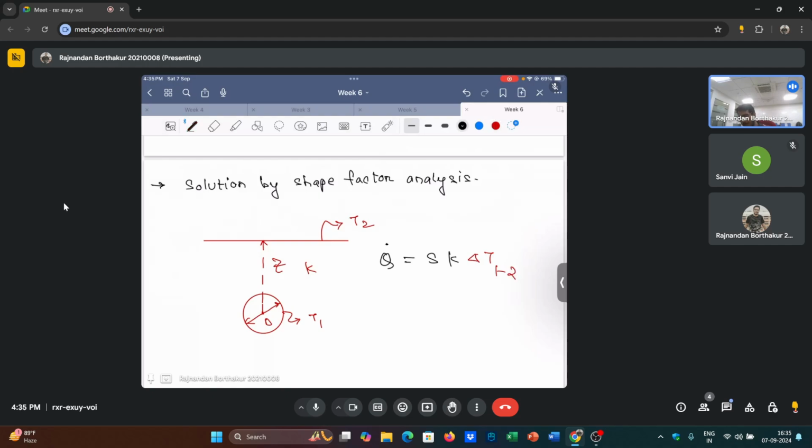I can simply write it as Q dot equals S times K times (T1 minus T2).